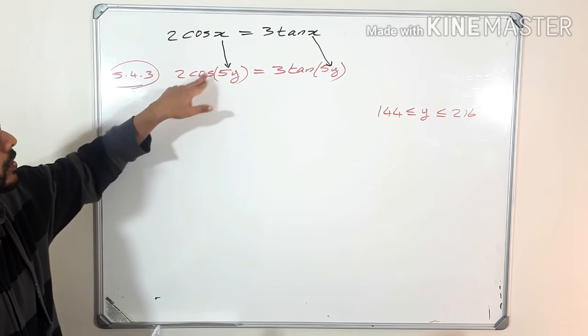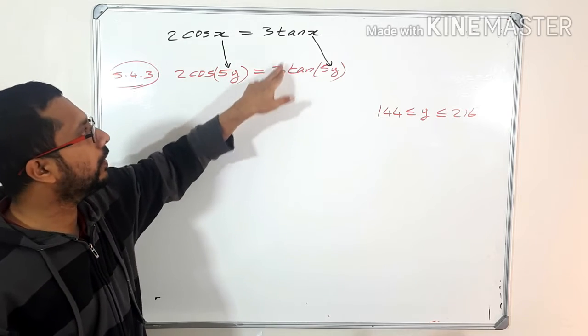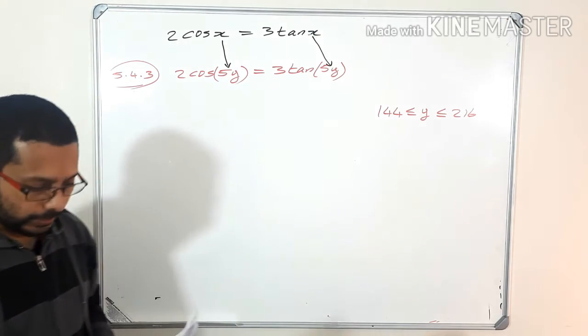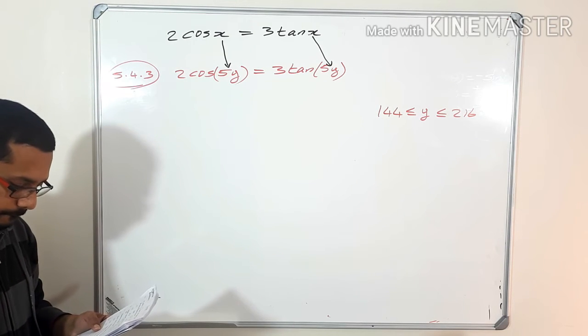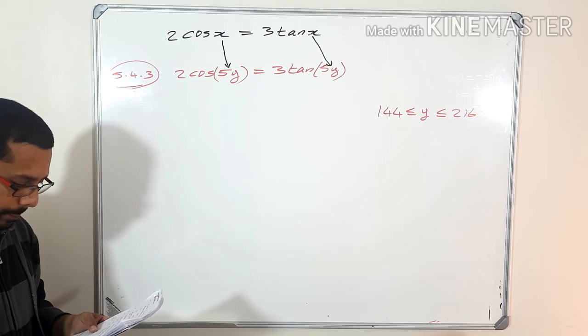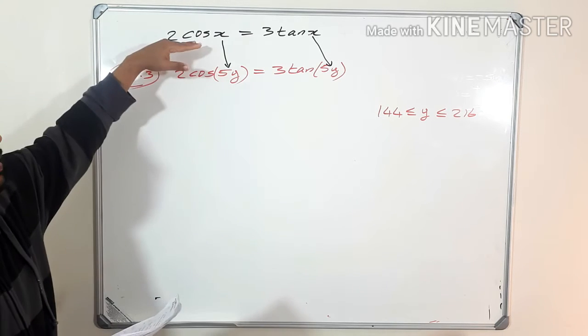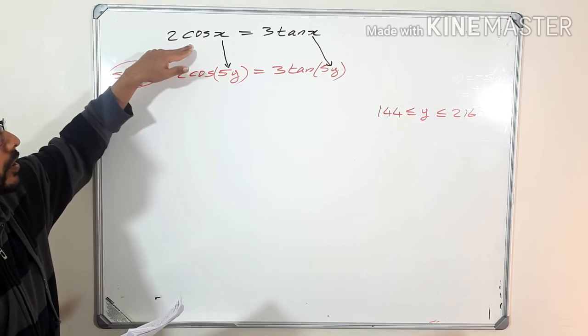2 cos 5y is equal to 3 tan 5y. Now, in the previous question we already got two general solutions of this equation.